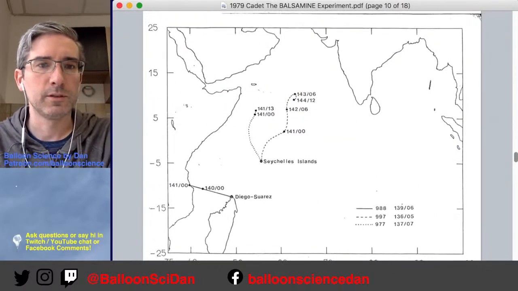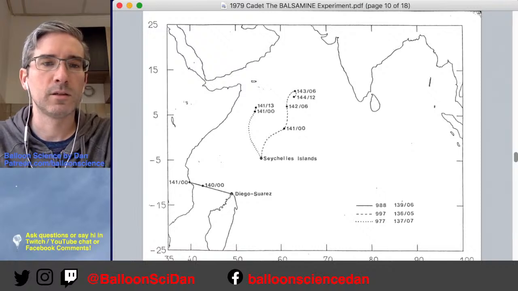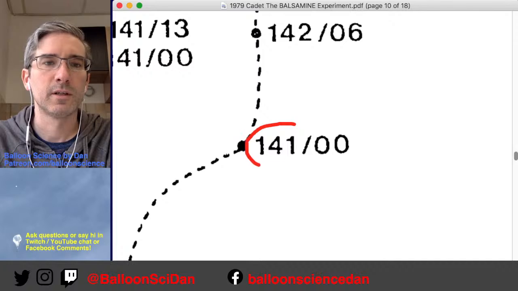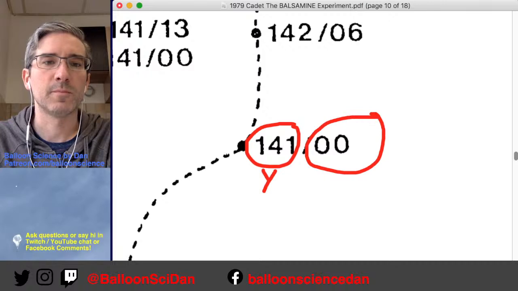Here are some of the flights. And the numbers here represent, I believe, the day of the year. Sorry, I believe the number on the left is day of year. And this is mission elapsed time. Shall we draw on the trackpad?